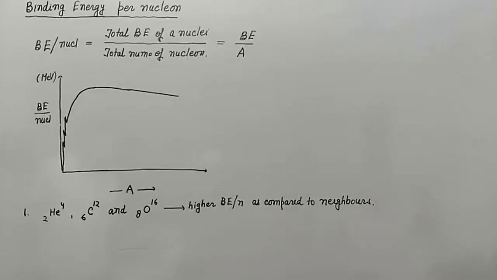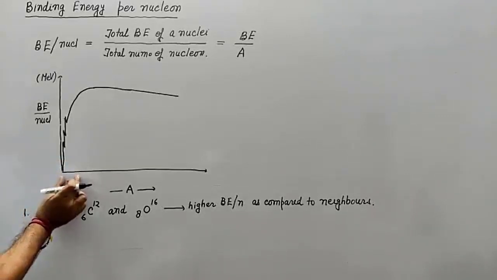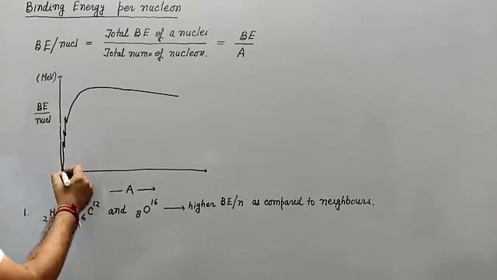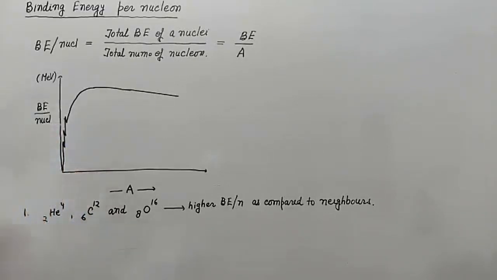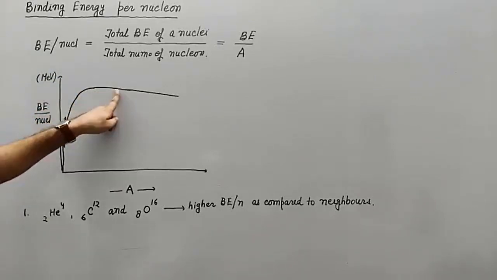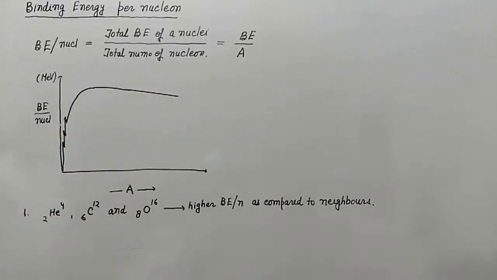The second observation is that for lower values of A, binding energy per nucleon first increases consistently and achieves a peak, and then it slowly decreases.